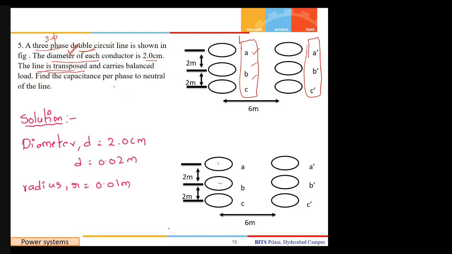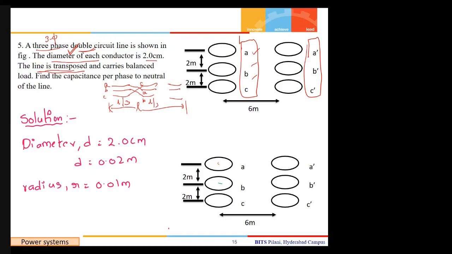Transposed line means that if you have the three phases A, B, and C, then after a distance of L by 3, where the total distance is L, the position of the conductor changes. This one is A, this one is B, and this one is C. After again L by 3 distance, the position is changed.